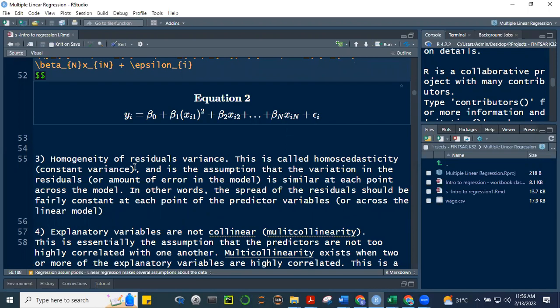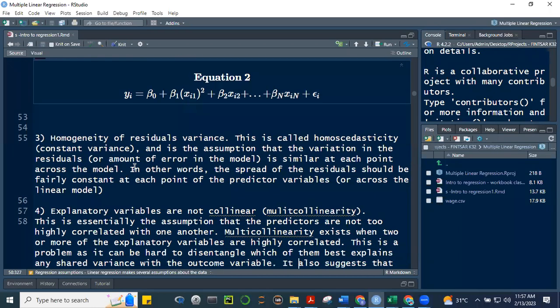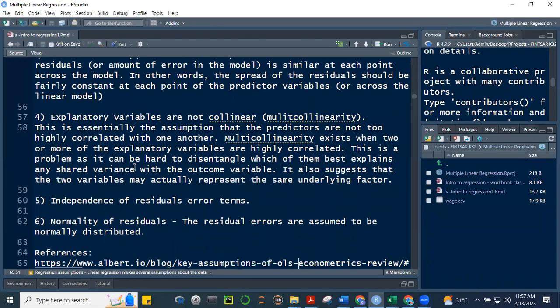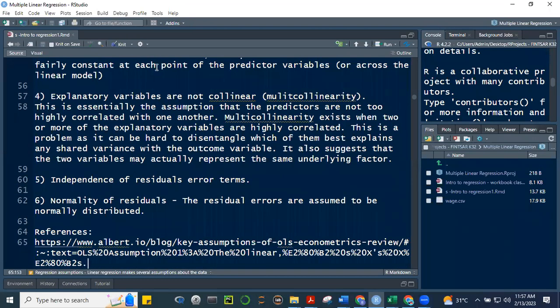Also, the residuals should be independent of each other. So here we look at four things in the residuals: constant mean, constant variance, independent of each other, not correlated, and fourthly, normally distributed. And then also, the explanatory variables should not suffer from multicollinearity. So those are the important assumptions.